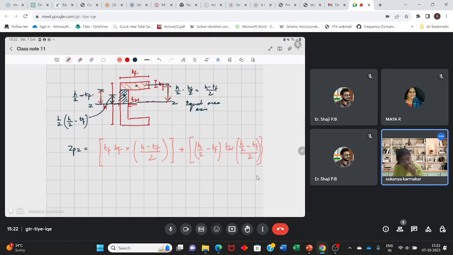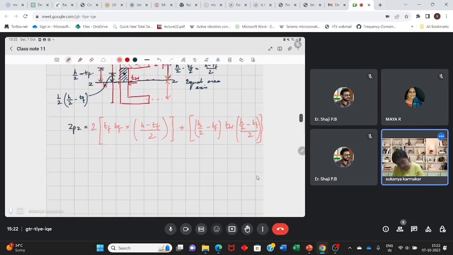Now, since the section is symmetrical about the equal area axis, the centroidal position here will be same as that of the portion above. So basically, this number will simply become 2 times.